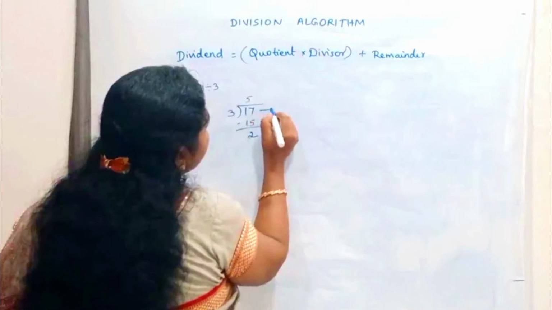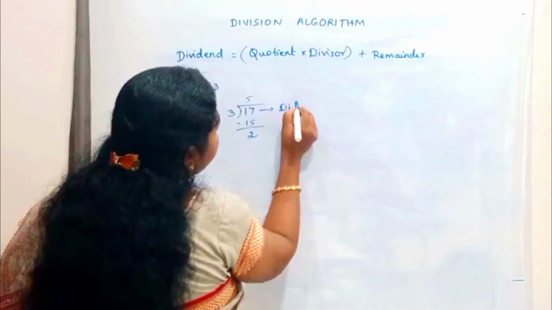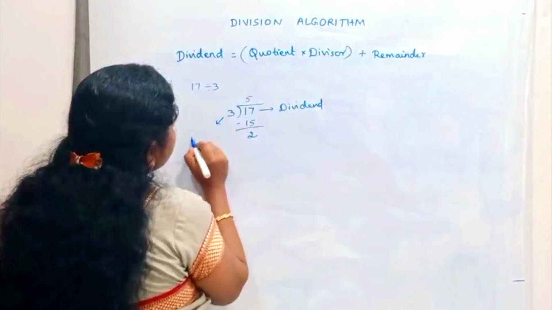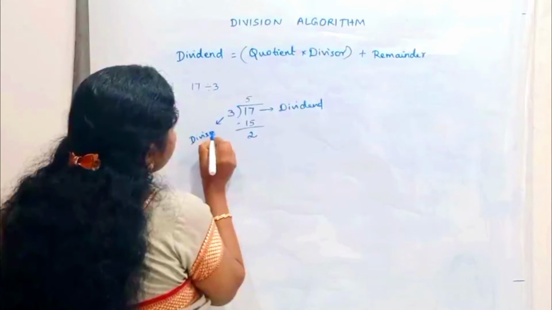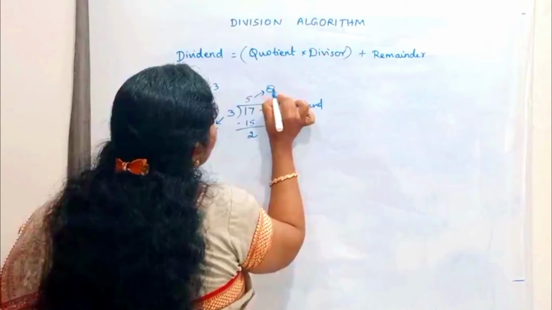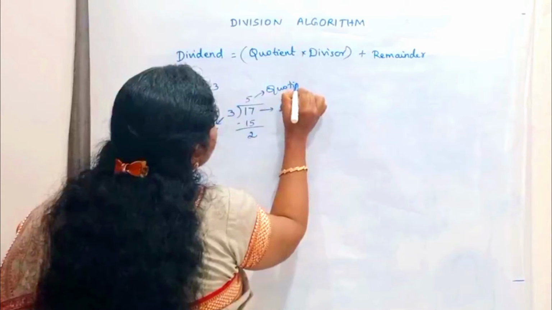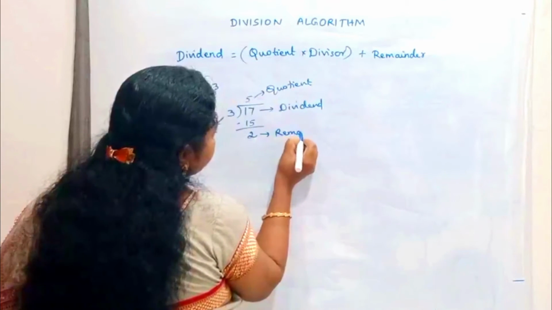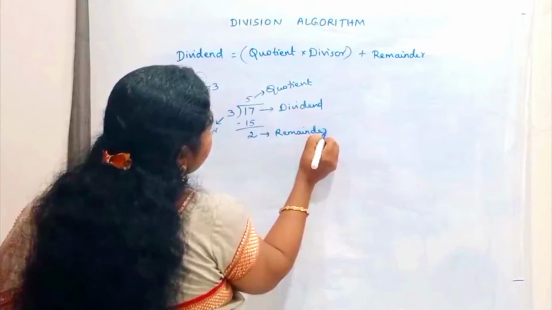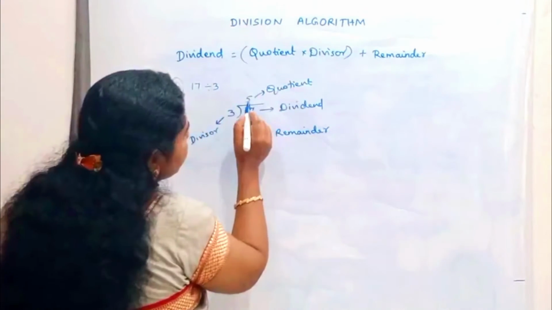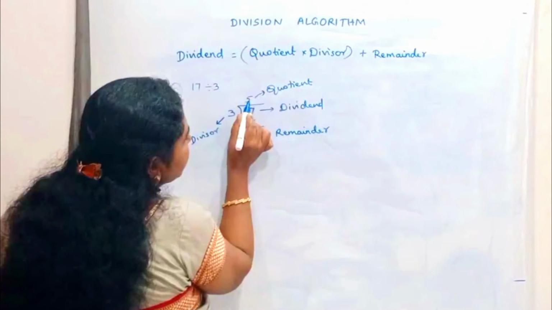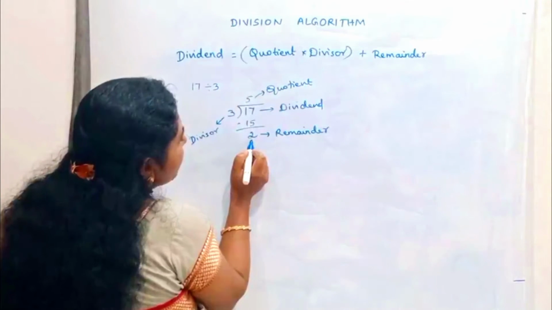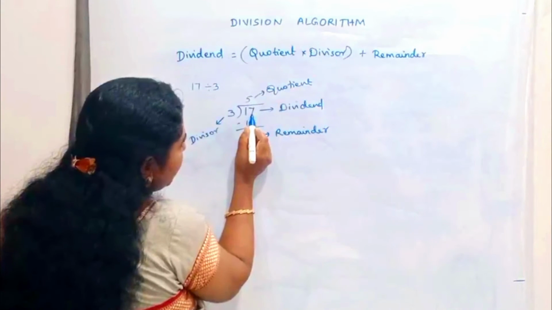So now here this 17 is the dividend, this 3 is the divisor, this 5 is the quotient and this 2 is the remainder. So now here in this case, if we multiply this 5 with this 3 and then add this 2, we will get 17. Already we know this.